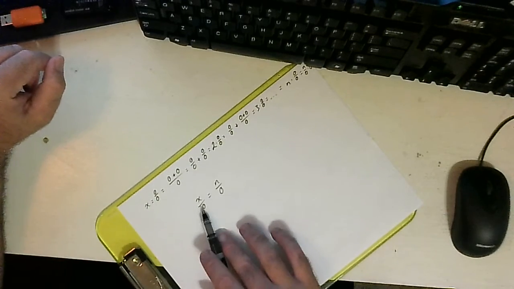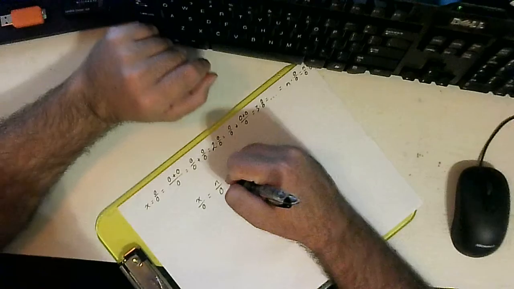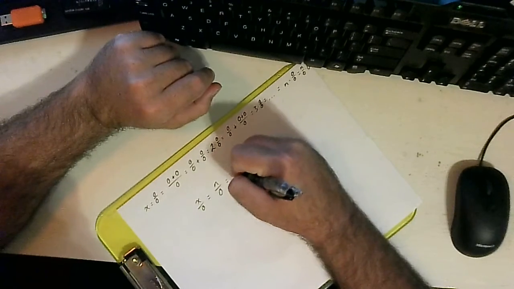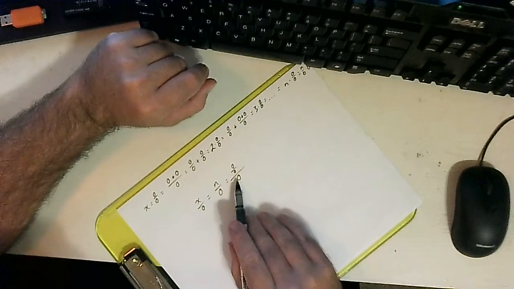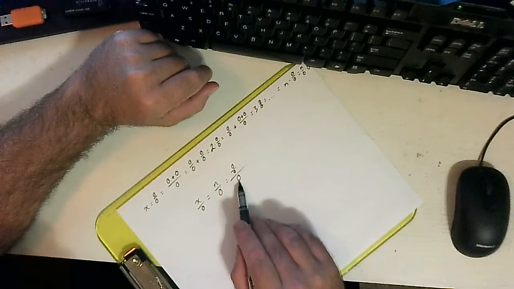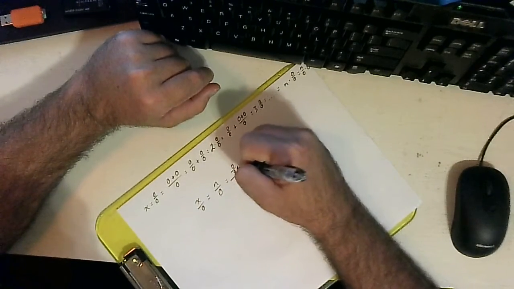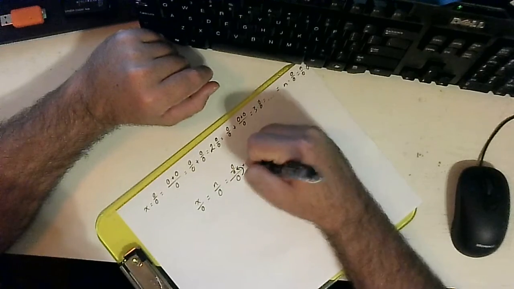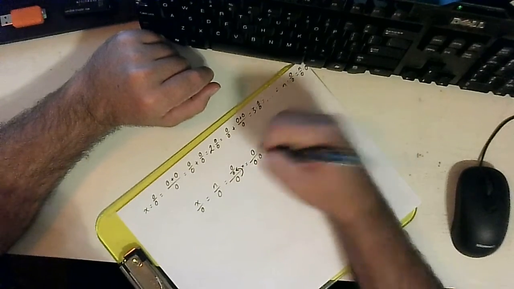So x is 0 on 0, and I'm dividing that by 0. When you take a fraction and you divide it by something, you multiply the denominators together. So this is the same as 0 on the quantity 0 times 0.